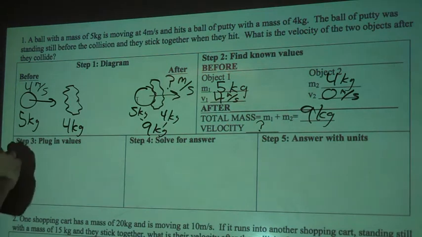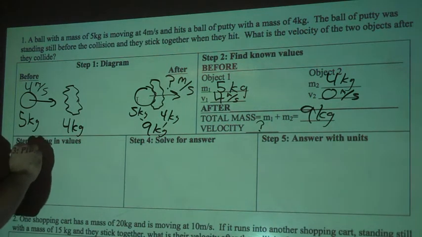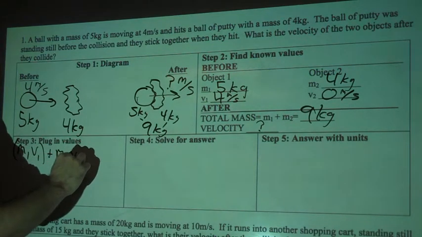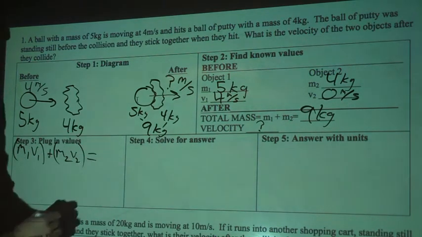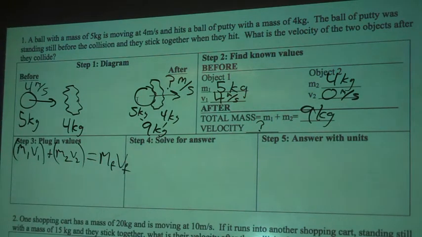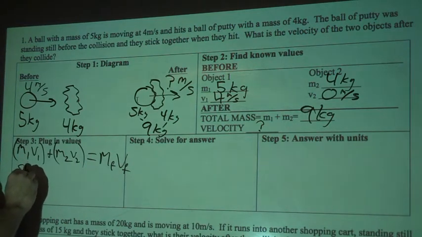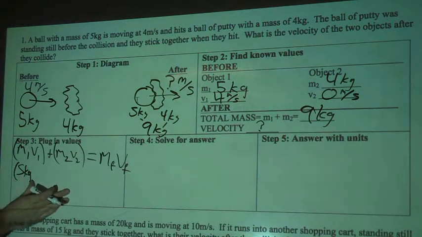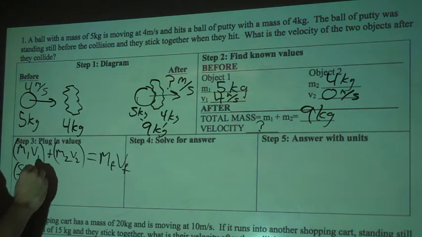Alright, plug in values. We had M1 V1 plus M2 V2 equals MF VF. Final velocity, final mass. Let's plug them in. So my M1 was 5 kilograms, my V1 was 4 meters per second. So 5 kilograms times 4 meters per second.